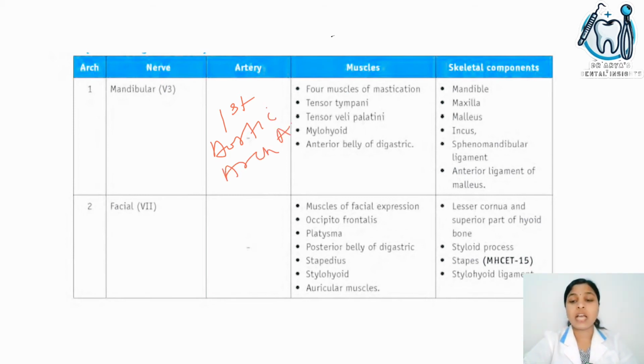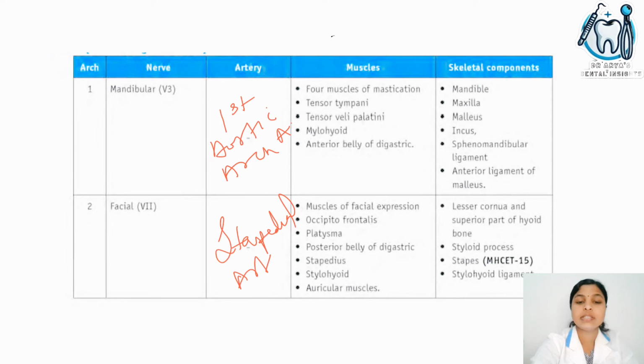Then second one is the facial nerve. Here the artery is stapedial artery.